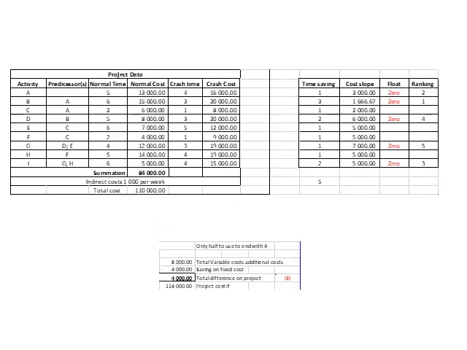Okay, so looking at our items, we draw a little table, and what I did here is I took our items and ranked them according to our cost slope. The cost slope is basically the normal time and the crash time subtracted from each other.